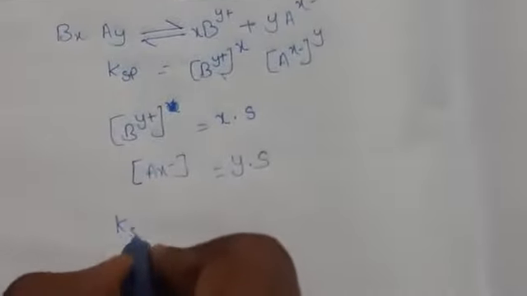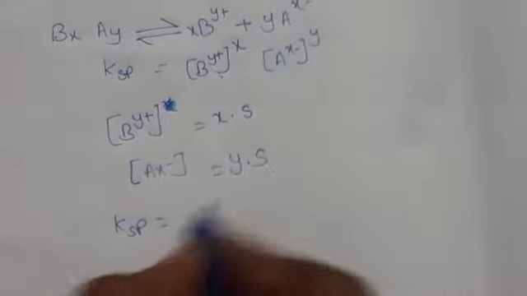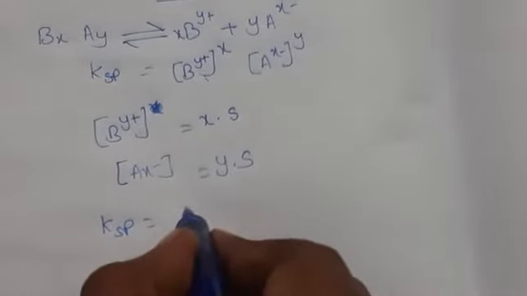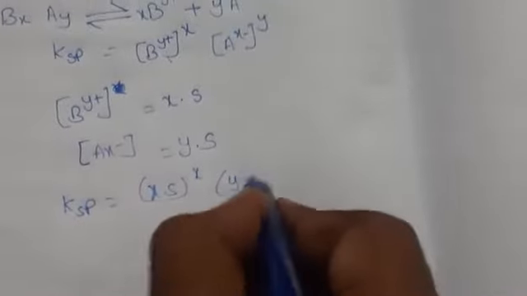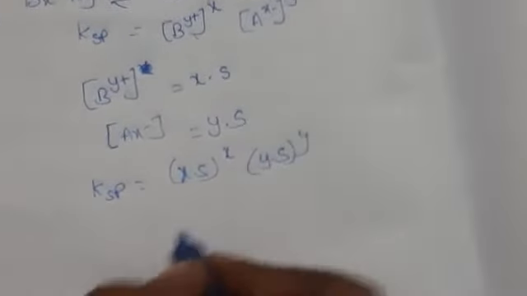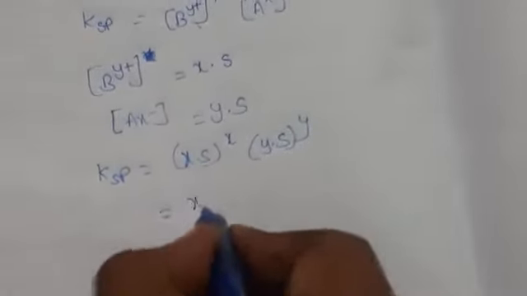So these two you substitute here, then you are going to get Ksp is equal to x into S to the power x, y into S to the power y.